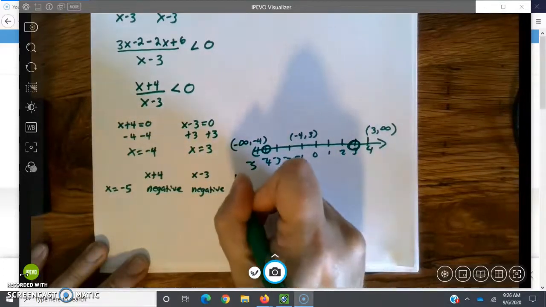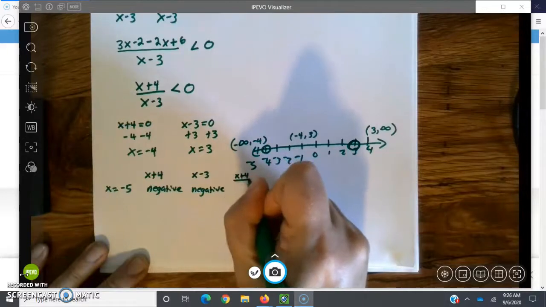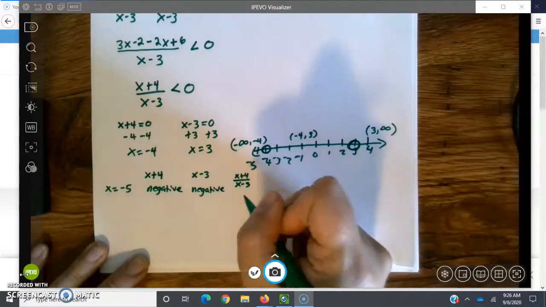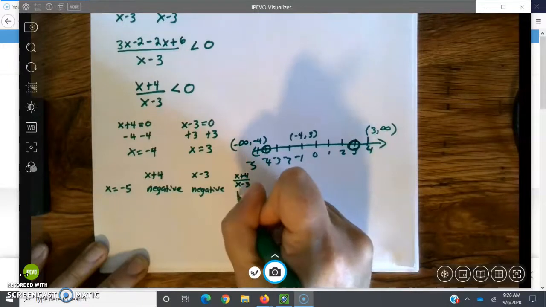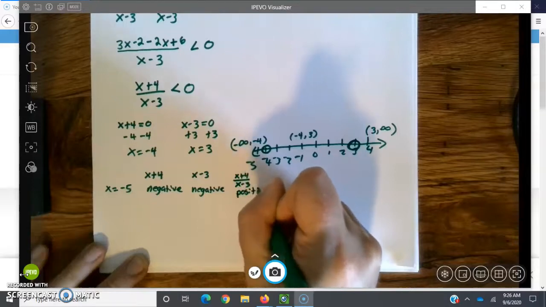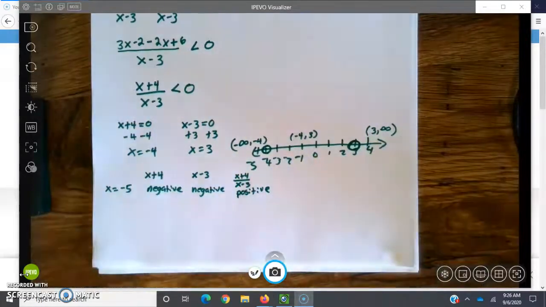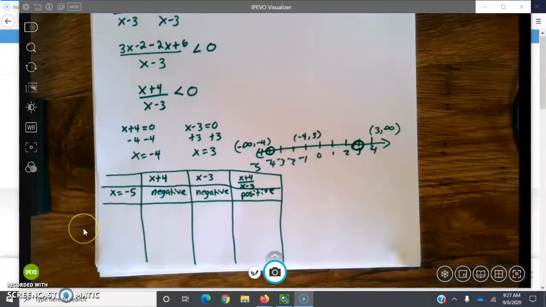So together, x plus 4 over x minus 3, a negative over a negative is going to be a positive. Okay, I just made a table to organize our information a little better. So we got a positive result, meaning that negative infinity to negative 4 is not in the solution region.